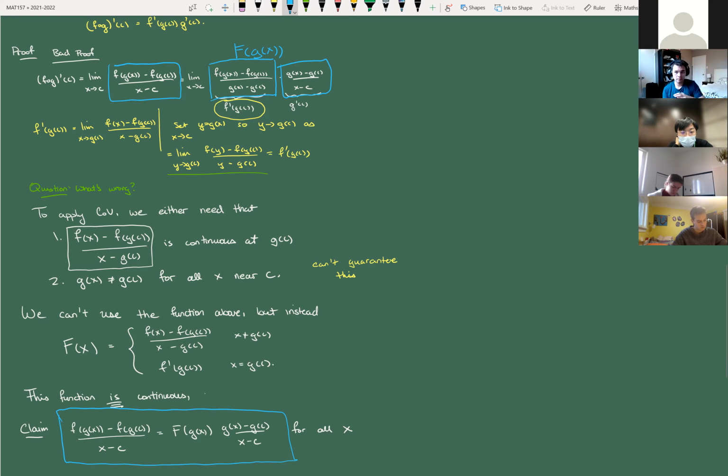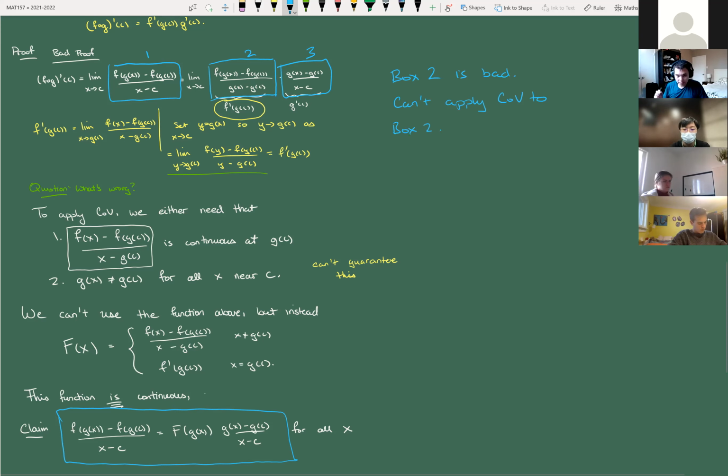I wouldn't be surprised if you were confused here, because it is a little bit confusing. So let me label the boxes. Here's box 1, box 2, box 3. Box 2 is bad. We can't use box 2 because we can't apply change of variables to box 2.